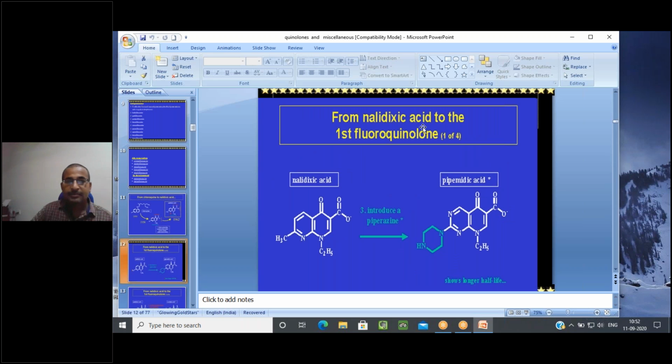Next, from nalidixic acid to fluoroquinolones: this is the structure. They introduce a piperazine moiety into this structure, and so they form new products.